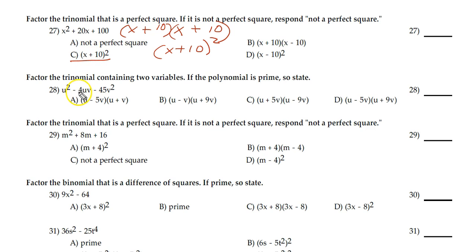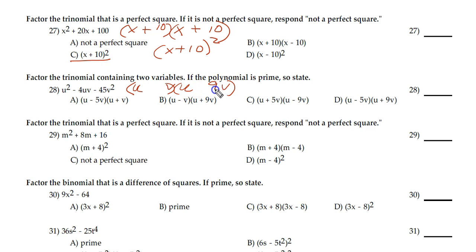All right, how about this one? 2 sets of parentheses. Again, these are relatively easy because our A term is 1. This will be a U and this will be a U. Now, factors of a negative 45, and we'll need a V here also, that will give us a difference of 4.